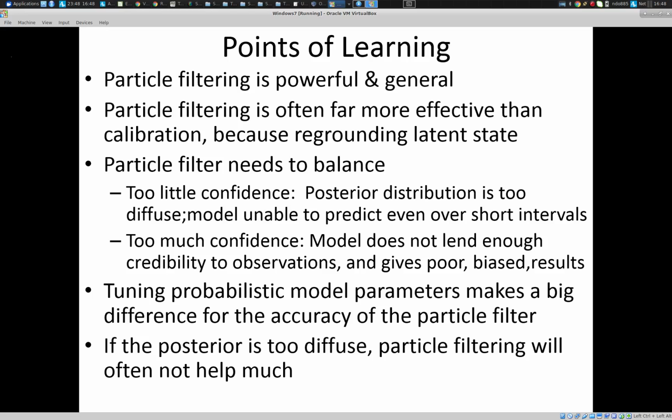It just persists in its own benighted way. I call this the Trump approach. So it needs to balance those two. Having too little confidence, saying I give up, things are so uncertain, I don't know what's going on, just having no clue after each data point, versus being overly confident in a way that's just totally off.